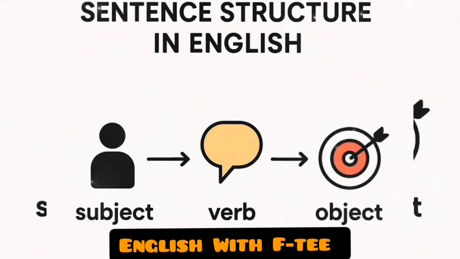Adjuncts can be identified by asking the questions when, where, why, how often, and to what extent. When using adjuncts, keep in mind that adjuncts can be used in the beginning, middle, or end of the sentence, and that there can be more than one adjunct in a sentence. Let's see some examples to understand how adjuncts can be used.